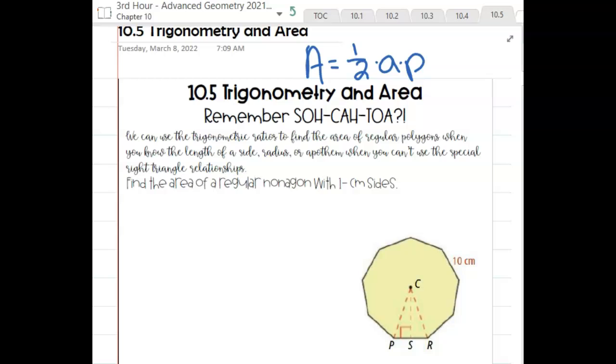Now, that worked with the special right triangles last time because we had maybe 6 sides. We had a hexagon. So when you take 360 divided by 6, the top angle in the big triangles was 60. Divide that in half, you get 30. So you'd have a 30, 60, 90 triangle.